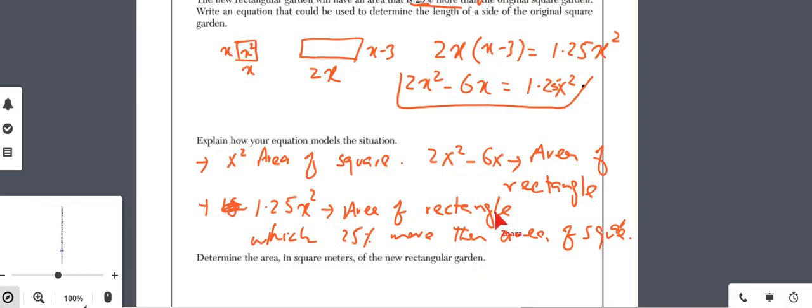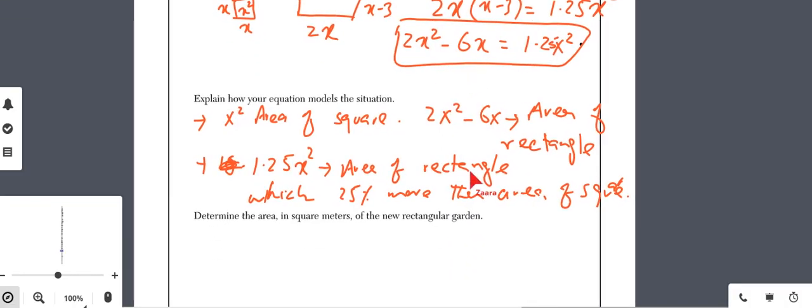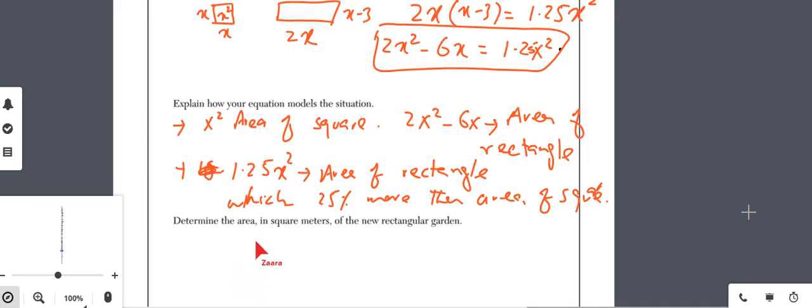Determine the area in square meters of the new rectangular garden.